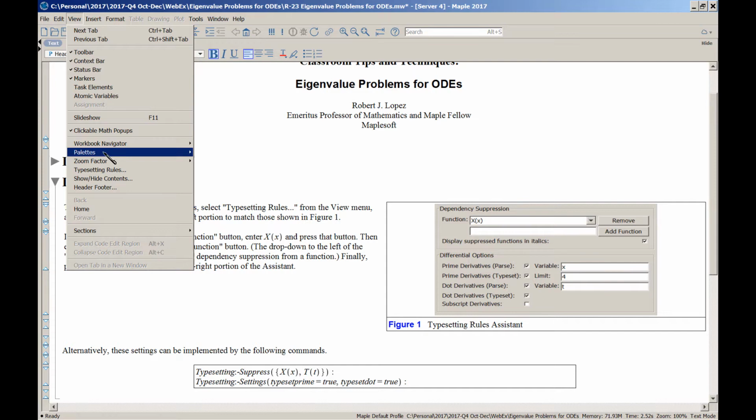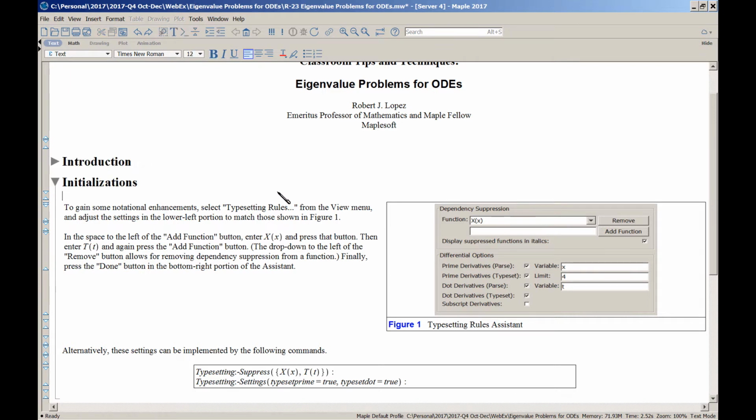View menu, typesetting rules. Okay? A panel comes up and you make the following changes.